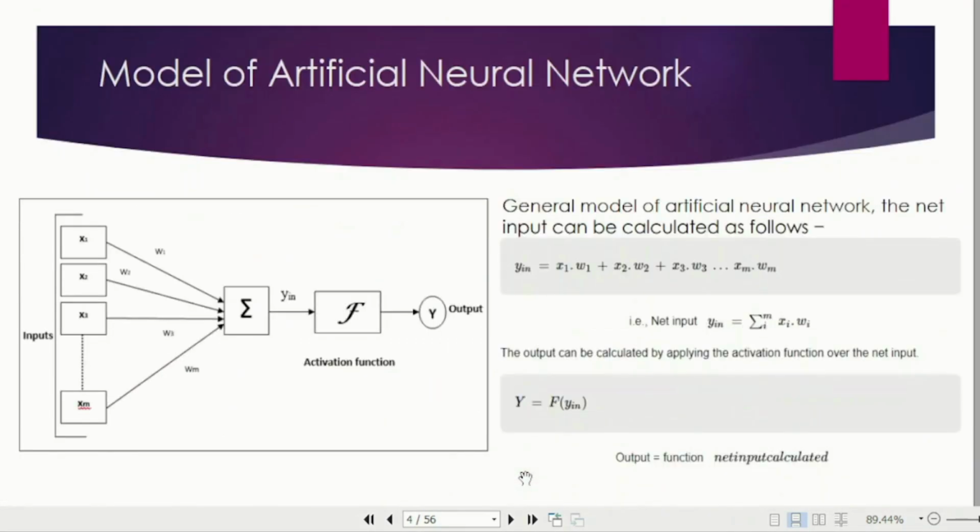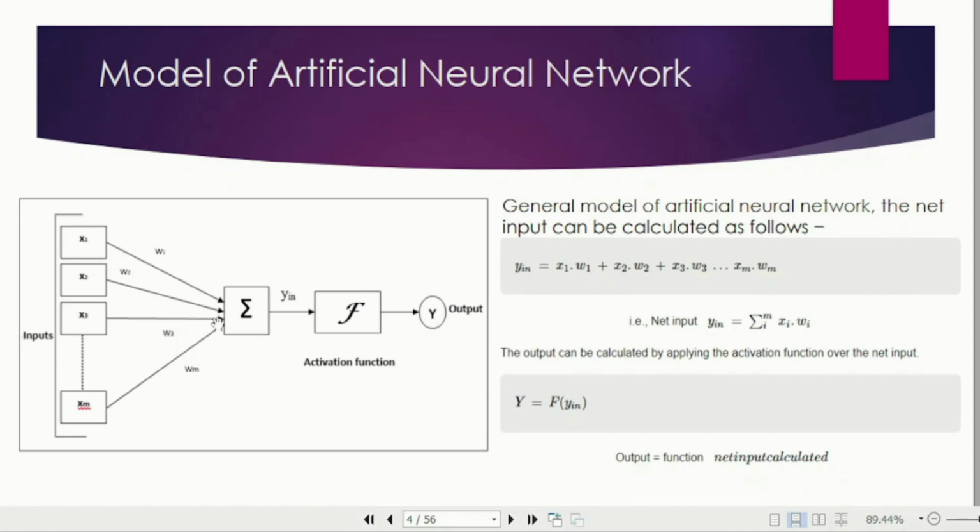Now here comes the model of artificial neural networks. You can see here at the left side, there are a number of inputs given, starting from x1, x2, x3 and so on up to xm. These are basically the inputs which we have to give the machine, and at the end we receive a predicted output that is denoted by y.